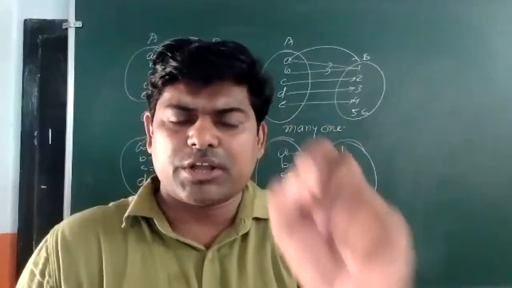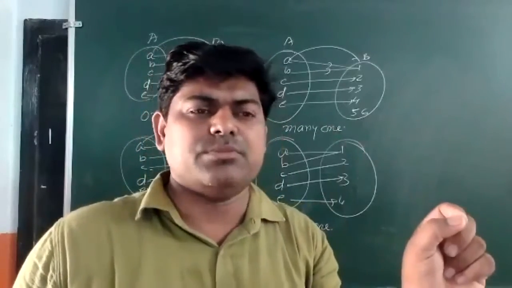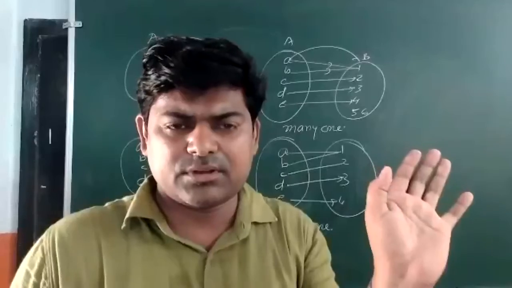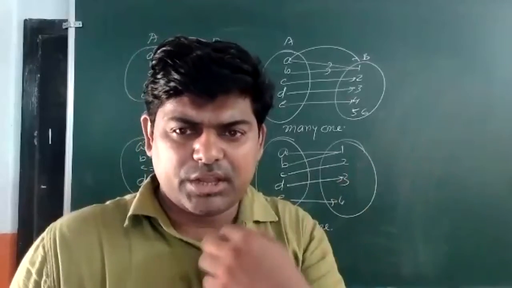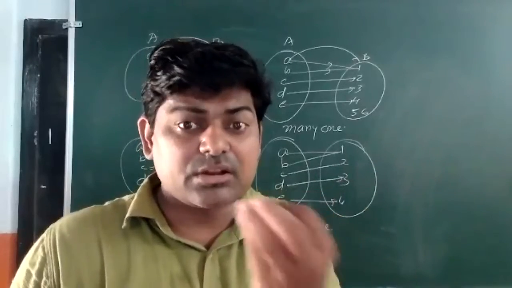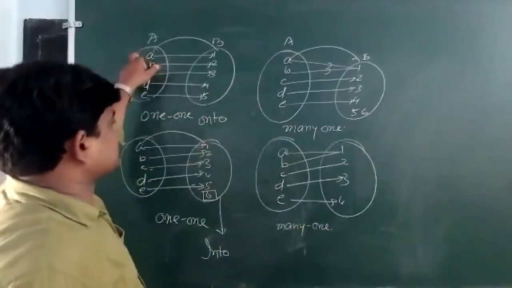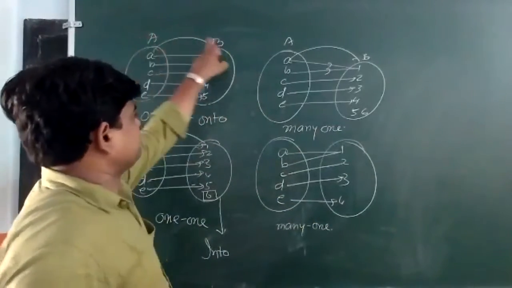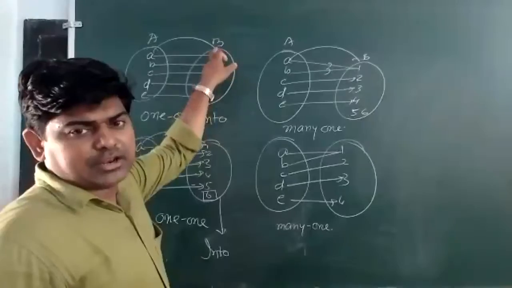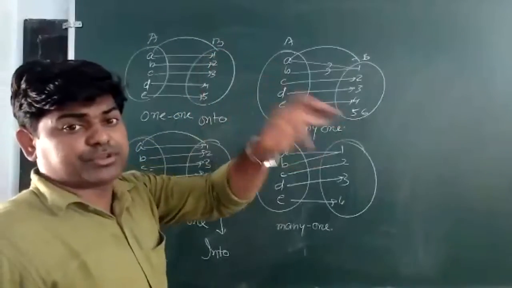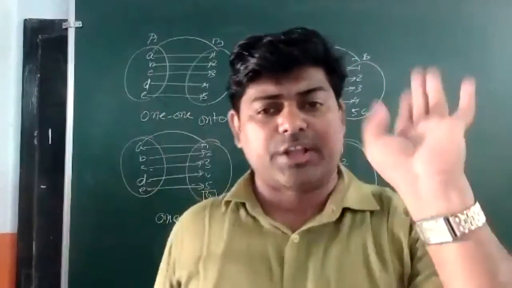I said if at least one element is there in B which has no pre-image, then it is into. In other words, if a function is defined from A to B, then A is the domain, B is the codomain. And the elements of B which have their pre-images are called the range.